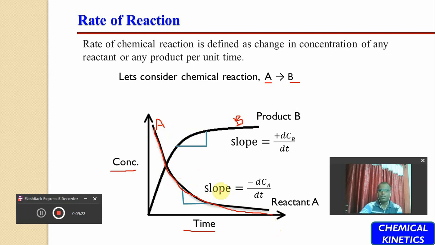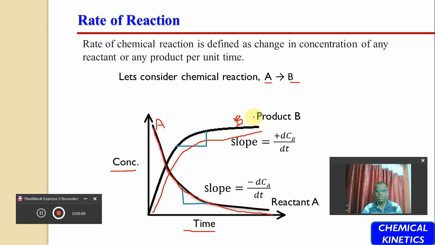But at the same time, as the reaction proceeds, the concentration of the product formed goes on increasing with increasing time. It means that as the reaction proceeds, in any chemical reaction, the concentration of the reactant always decreases, while the concentration of the product always increases.